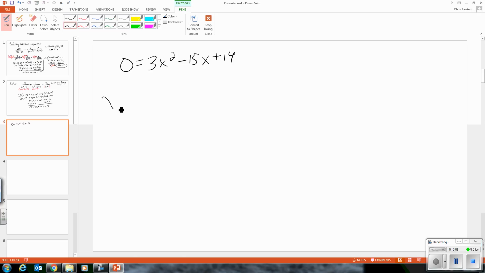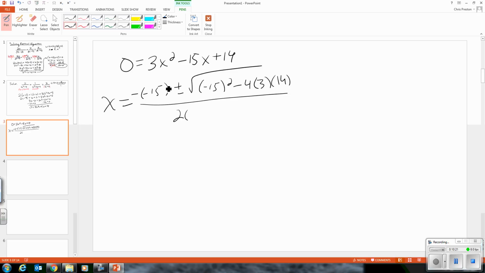So quadratic formula, negative 15 plus or minus square root of negative 15, negative b. 4 times a is 3 times 14, all over 2 times a is 3. So negative 15 is positive 15 plus or minus square root of 225, and then 12 times 14, 168.